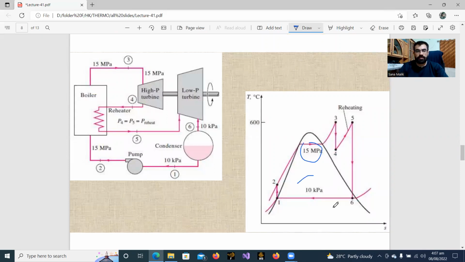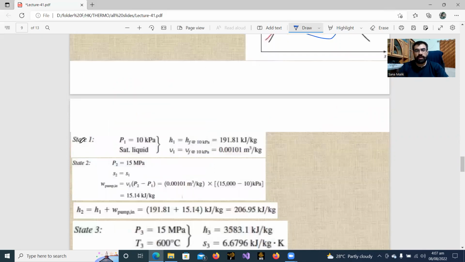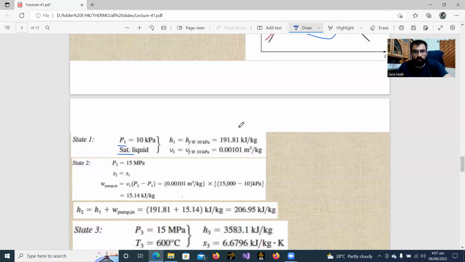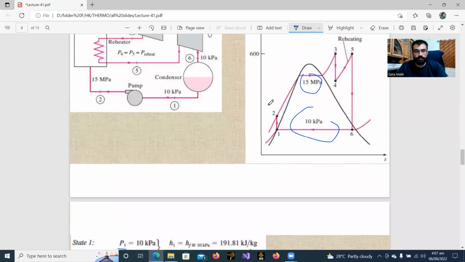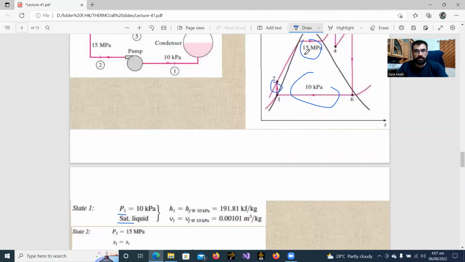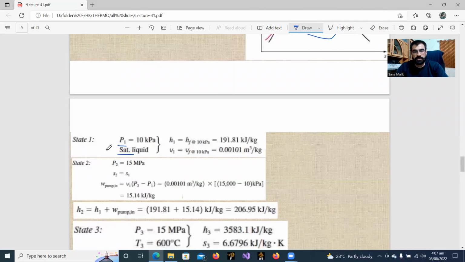These states are known, so we will try to find the enthalpies at all the states. State 1, pressure 1 is given. It will be a saturated liquid. H1 will be Hf, v1 will be vf. For P2, we have the low pressure to high pressure, and S2 equals S1.